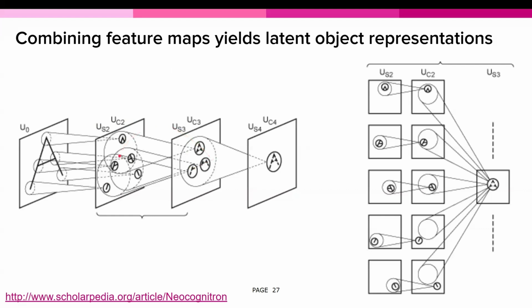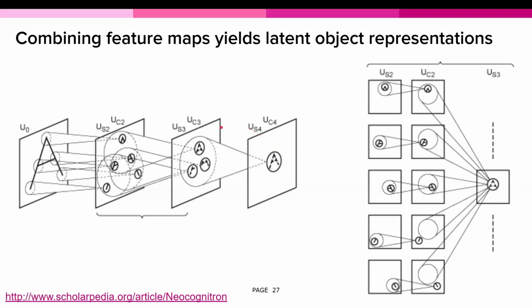The S cells are always going to extract local features, and then the C cells are going to pool these features to tolerate small changes in position. By the final level, the receptive field of each C cell becomes large enough to essentially encompass the entire input pattern. So its response is going to reflect the entire input pattern, and the network is going to recognize an A regardless of its position.